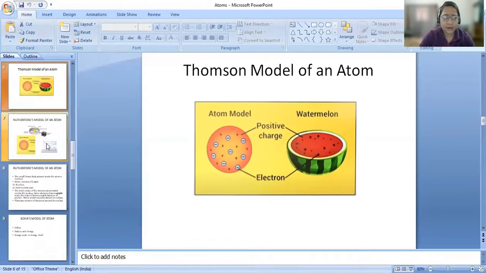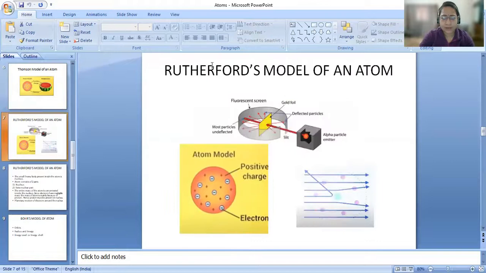Then came the next scientist, Rutherford, who did an alpha ray scattering experiment. This was the apparatus: the alpha particle emitter, the screen, and the gold foil. He took a very thin gold foil and passed alpha particles through it. He observed that most of the particles passed undeflected through the gold foil.